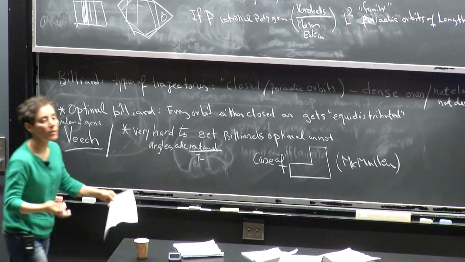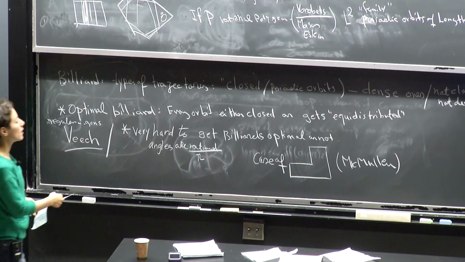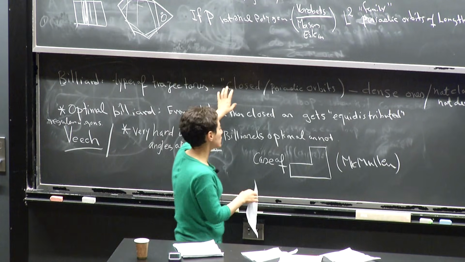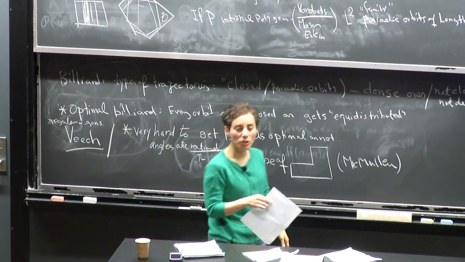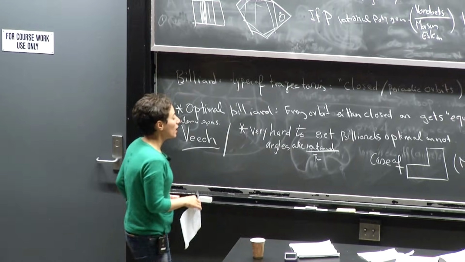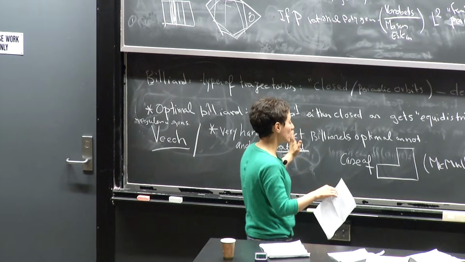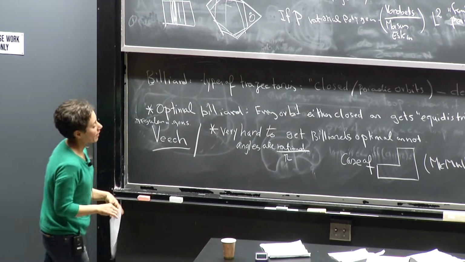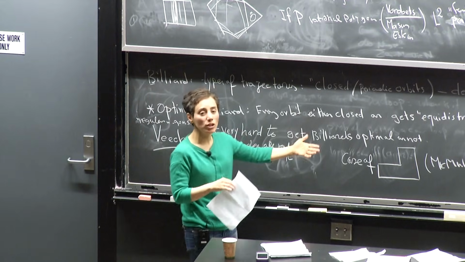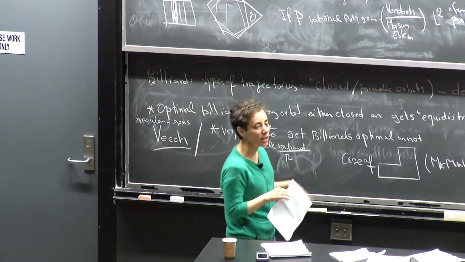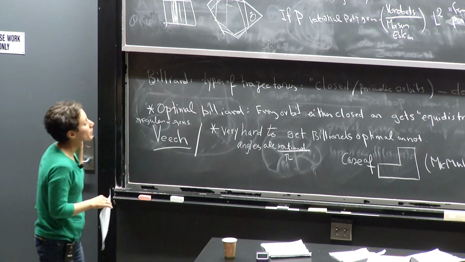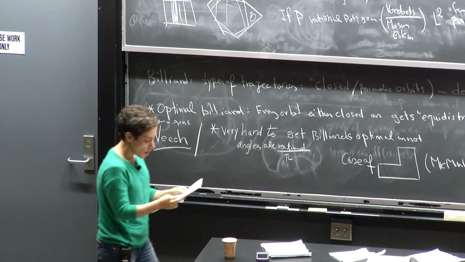Basically, you can see when it's optimal, if every orbit is either closed or dense, then the orbits are closed or they become equidistributed. So there's a lot of things we know, but unfortunately these are the type of billiards that will give you surfaces of genus 2. And after that, it becomes much more complicated to study these things.